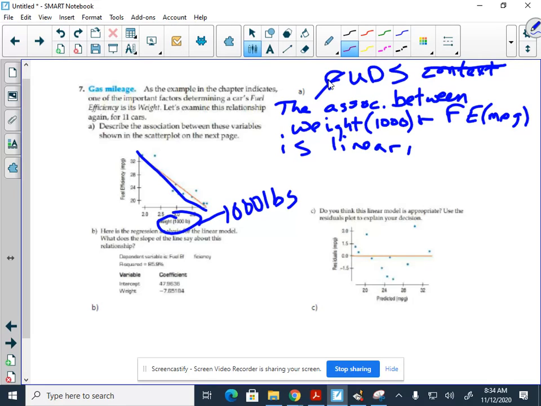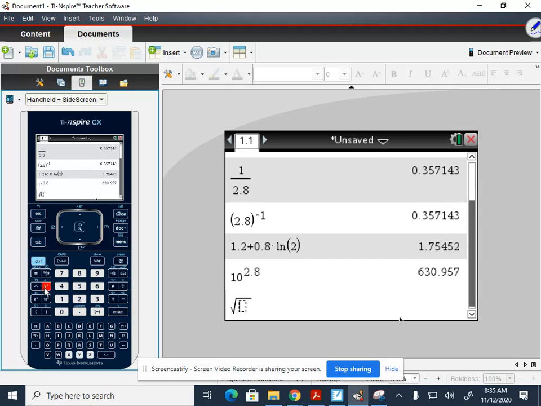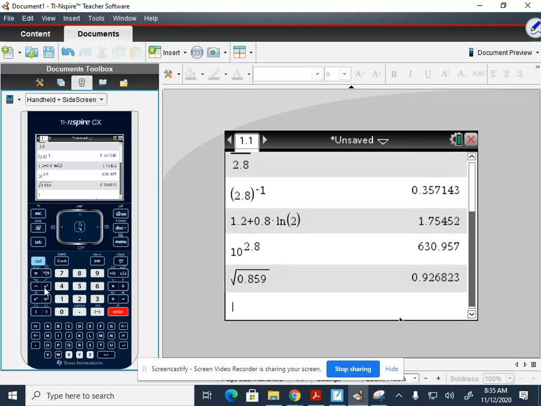We have an r squared. Now r squared looks like it's 65.9. Does that look like 65.9 to everybody? For r squared? I think it's 85.9? Yeah. Well, then it's even stronger. So I'm going to take the square root of that. But you have to turn it to a decimal to find r.